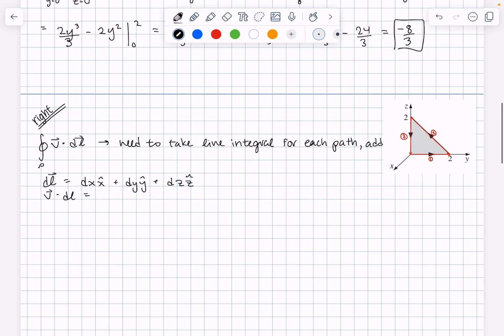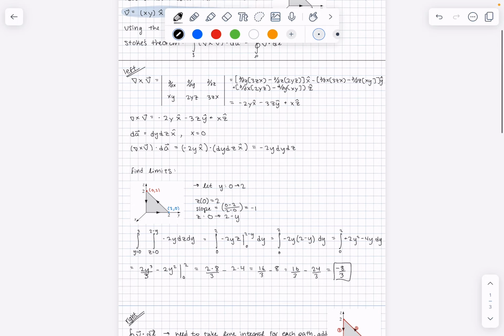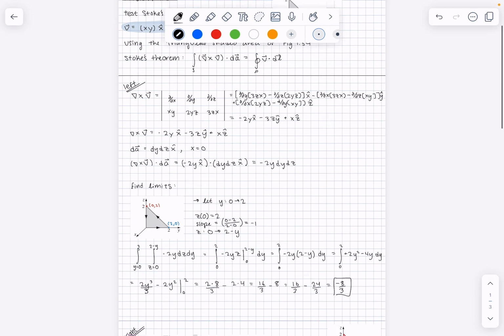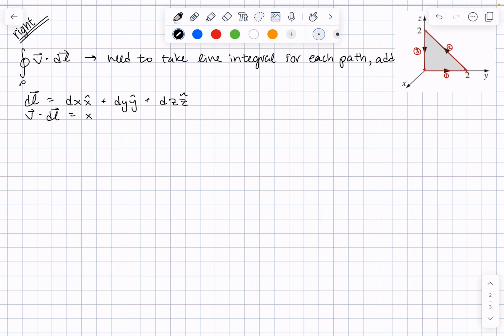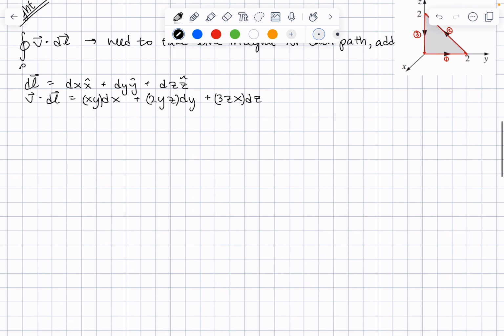And therefore, when we dot dl with our vector, with our function, over here, we're just going to have (xy) dx plus (2yz) dy plus (3zx) dz. I'm going to put parentheses to make it more clear. Okay. Now we're just going to go for each path one at a time.